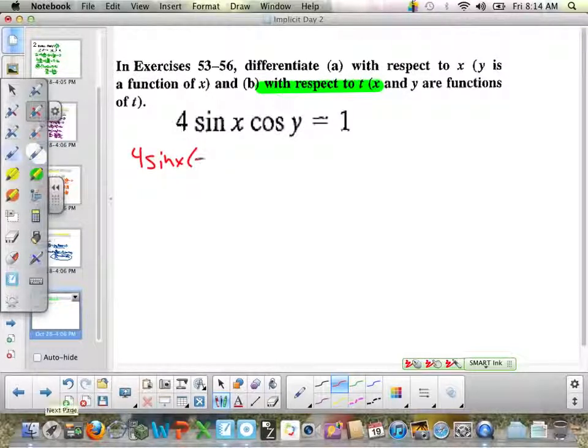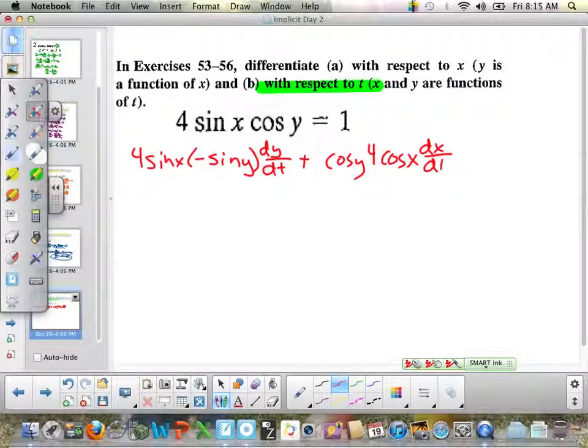That's negative sine y dy dt this time, because we're with respect to t, plus the second, cosine of y times the derivative of the first, 4 cosine x dx dt, get the implied variable in there, equals 0.